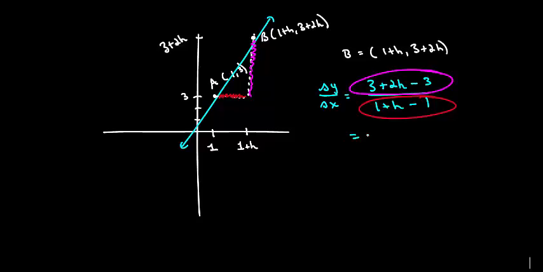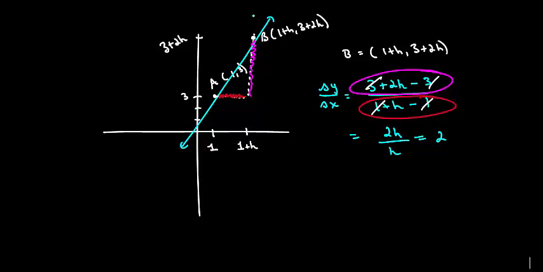So if we do some simplification, we just end up with 2h on the top and just h on the bottom, because notice that these guys cancel out and these guys cancel out. Now here's something that's really important. People will say to you, well, let's just cancel these h's out as well, and we'll get 2. So the slope here is 2. And that's correct. Okay, the slope of this line is 2.